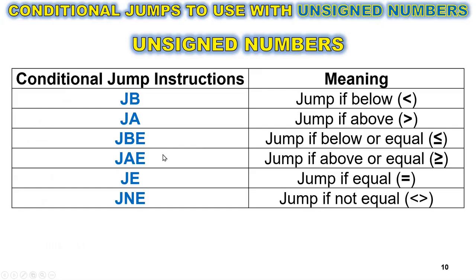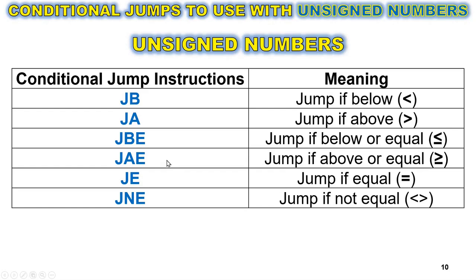The following set of conditional jump instructions are for positive numbers or unsigned numbers. One is JB, which stands for jump if below. JA stands for jump if above. JBE stands for jump if below or equal to.